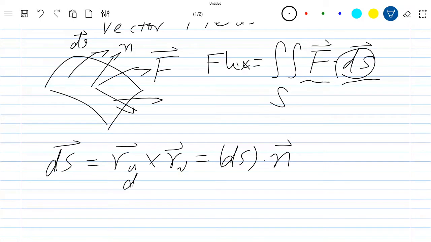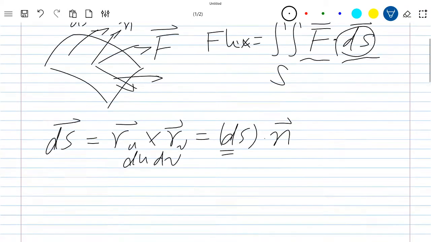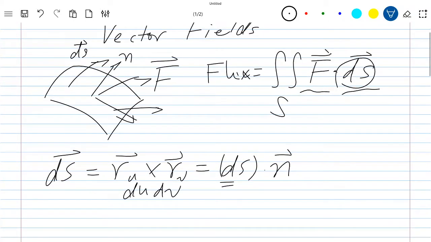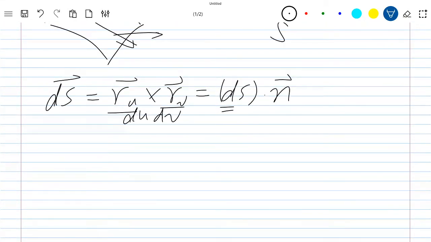Oh, we need a du dv because it's also dS. As before, we could have a very complicated Ru and Rv, but we are mostly interested only in three cases.